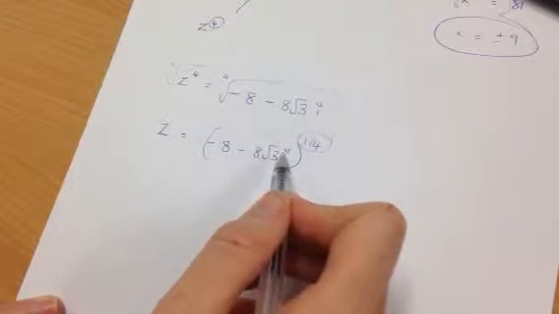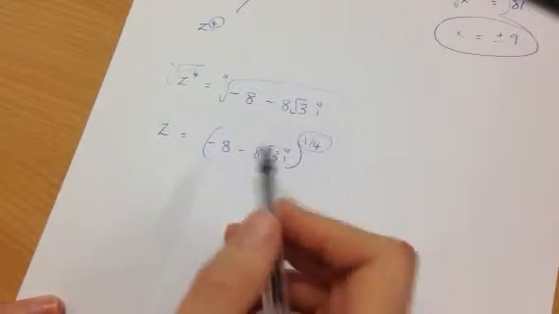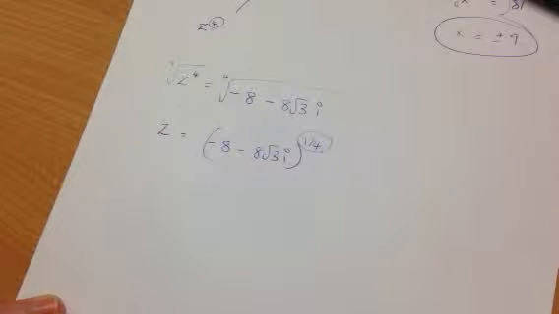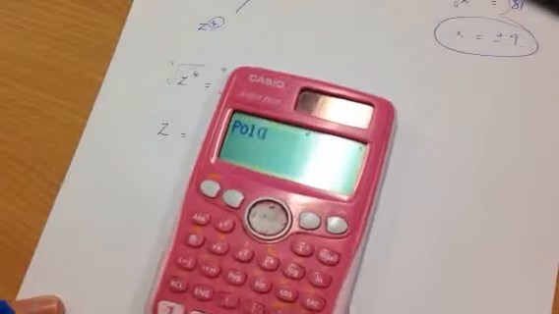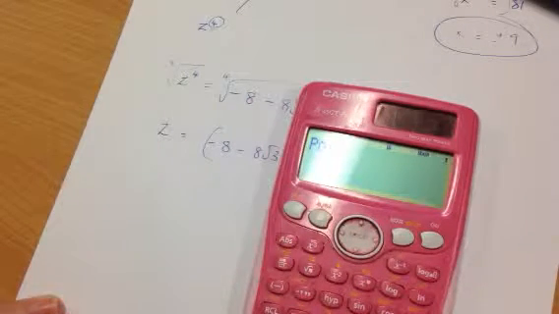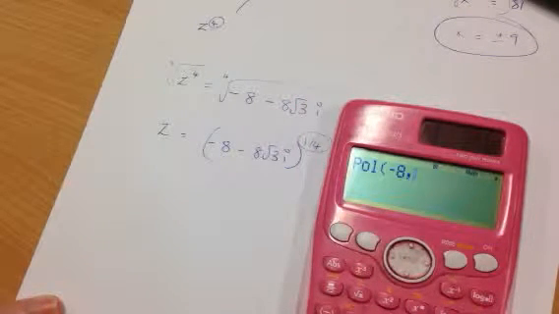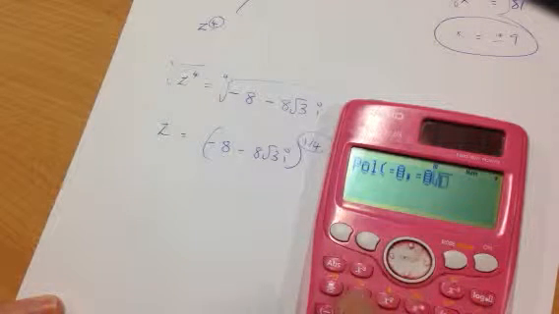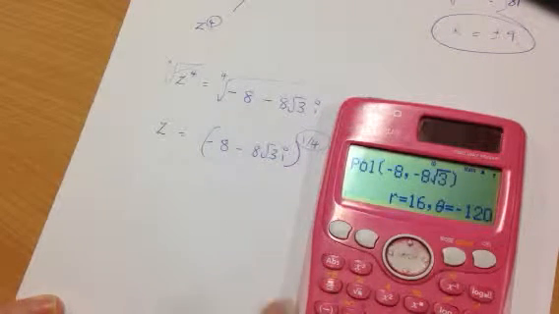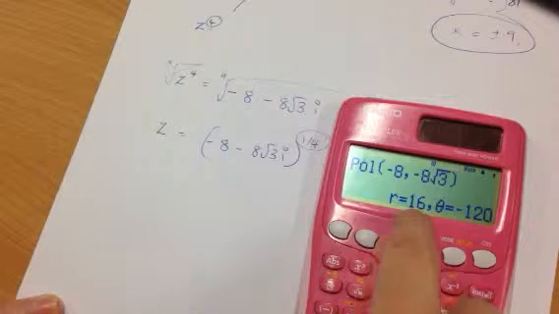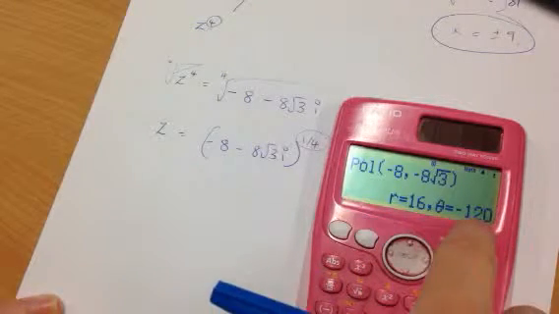Now if I have an awkward power, I'm not just going to go into polar form, I'm going to go into general polar form. I can use my calculator or my trigonometry to do that. I can put in the minus 8 and the comma and minus 8 root 3, and I'll end up with 16, and theta is minus 120 degrees.